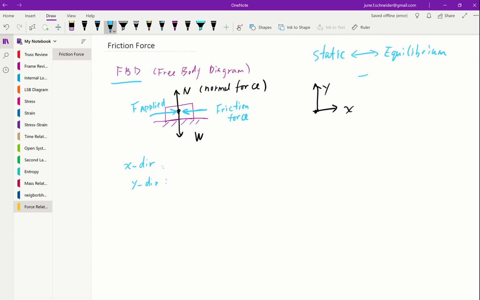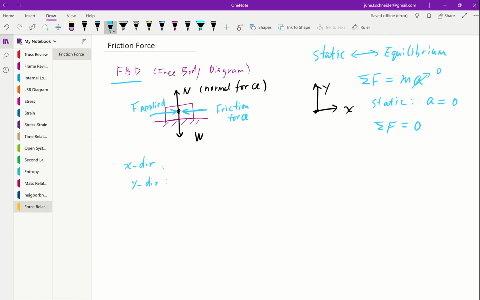Because we learned Newton's second law: the sum of forces F equals ma, mass times acceleration. What happens when it's static? There will be no acceleration. Acceleration equals 0. If that is equal to 0, the sum of the forces is going to be equal to 0, which means the left force and the right force in the x direction have to be equal and in opposite directions, right?